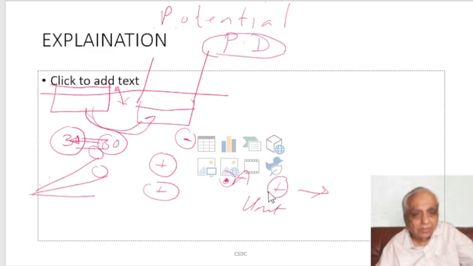If I remove all these charges, then I can easily bring the positive charge from this point to this point. There is no force of repulsion. So, when I am bringing this charge towards A, I am experiencing a force, so I will have to do some work to bring this positive charge near to A.